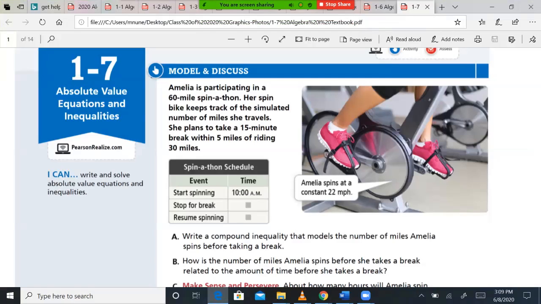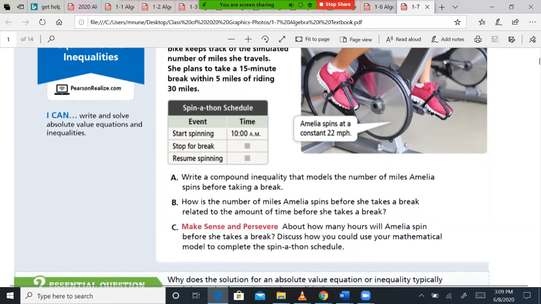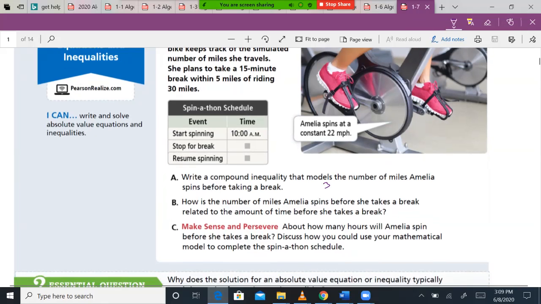So here's the kicker. We need to write a compound inequality that models the number of miles Amelia spins before taking a break. We need to figure out within 5 miles, so it can be less than 30 miles or greater than 30 miles, but it's got to be within 5 miles. We know that 30 miles is what she's working with here, so let's put 30 here.